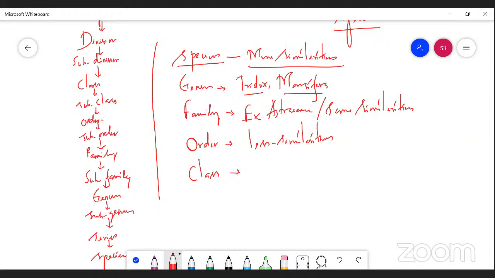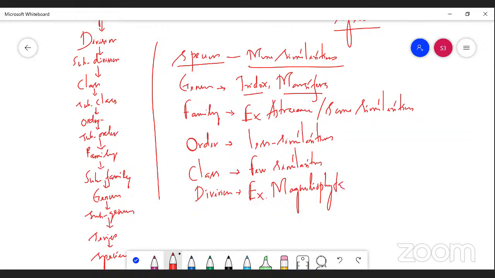A number of orders are grouped together to form a class. It possesses few similarities. Next, division. A number of classes are grouped together to form a division, for example Magnoliophyta. The largest unit of classification is the kingdom, namely Plantae. So that is the taxonomical hierarchy.